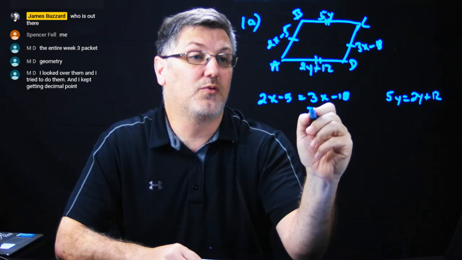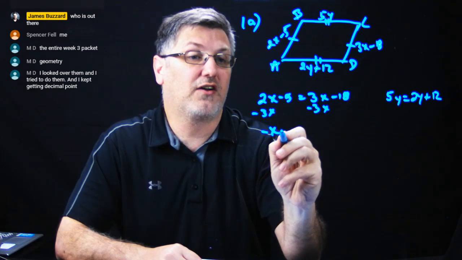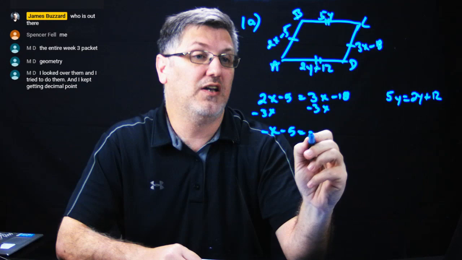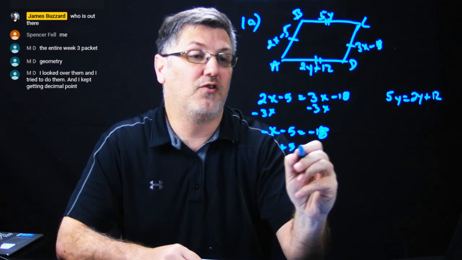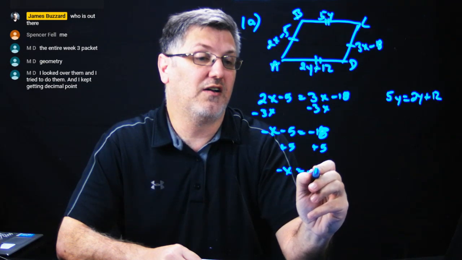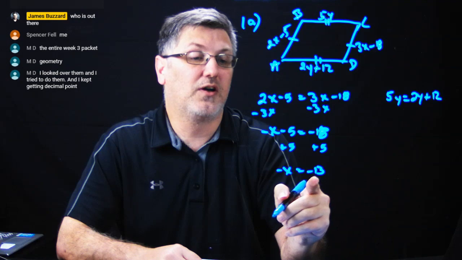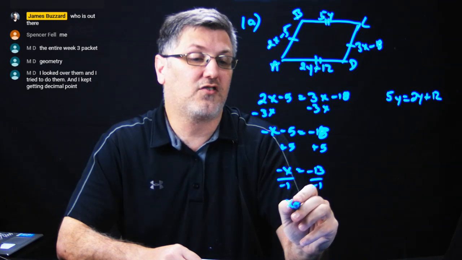I'm going to subtract 3x from both sides, and I have negative x minus 5 equals negative 18. I add 5 to both sides, and this gives me negative x equals negative 13. Because both are negative, I can divide by negative 1, and that gives me x equals 13.